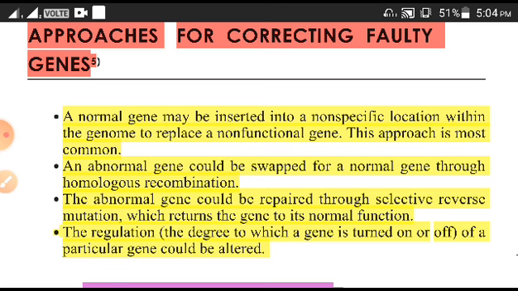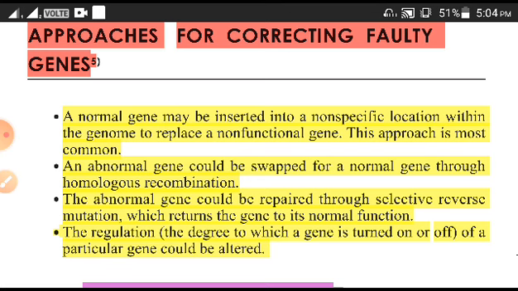This is like a repair. We are not going to substitute an entire gene or bring in a new gene; we reverse the mutation and bring the gene back to the normal condition.